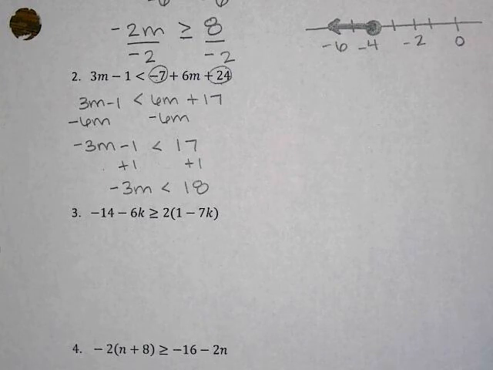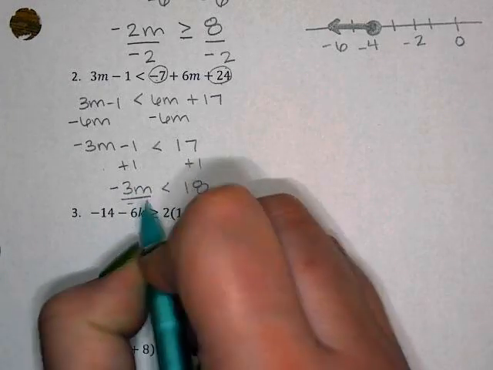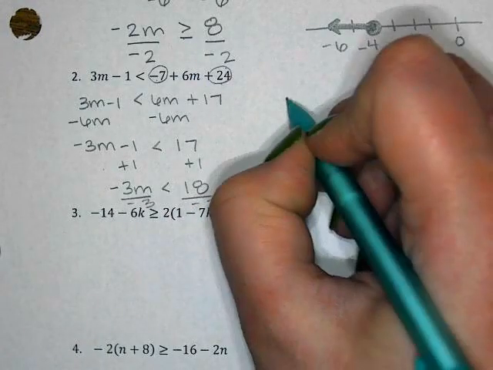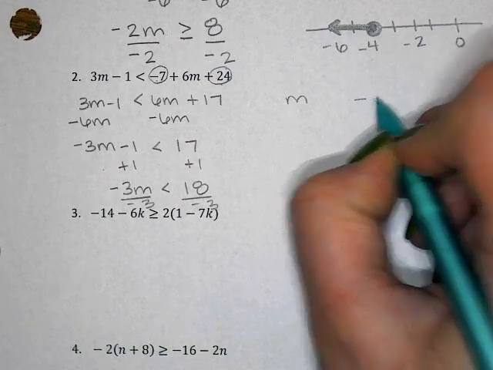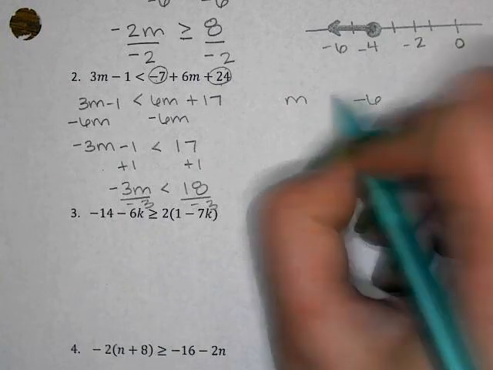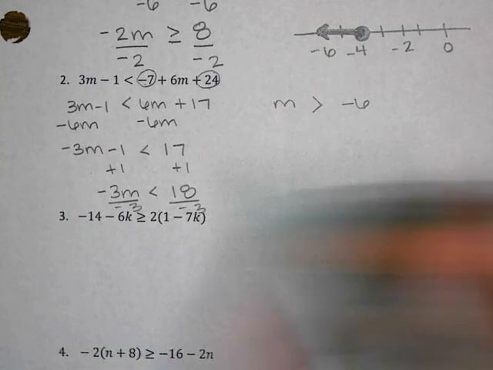What should we do now? Divide by negative 3. So we have m and negative 6. And which direction should the symbol go? Greater than. So we switch the directions.